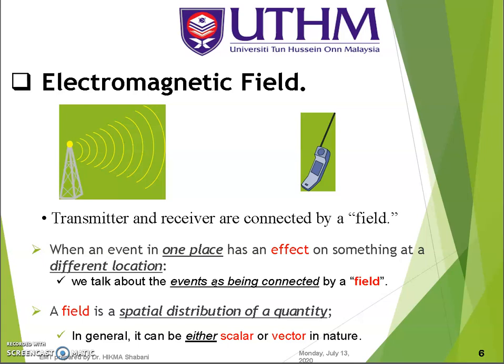This effect of the base station on your mobile phone is connected by what is called a field. A field is a spatial distribution of a quantity, a quantity which is distributed in space. In general, it can be either a scalar or a vector in nature.